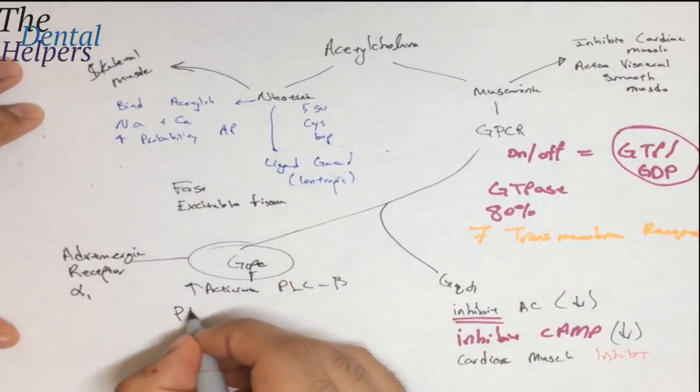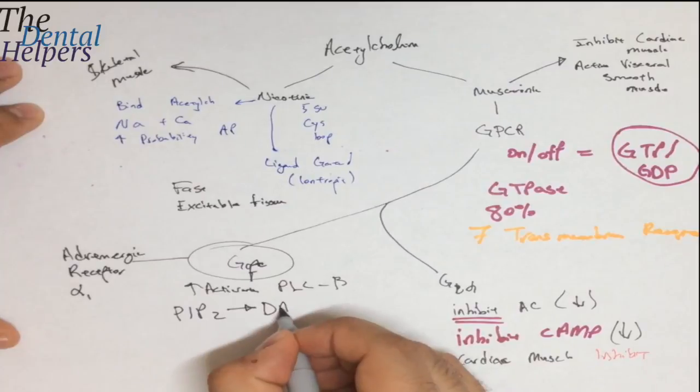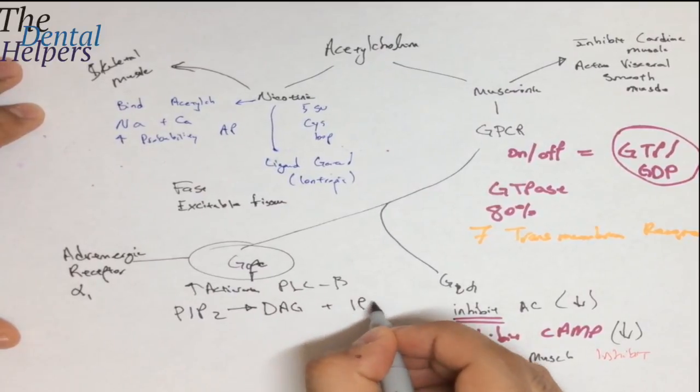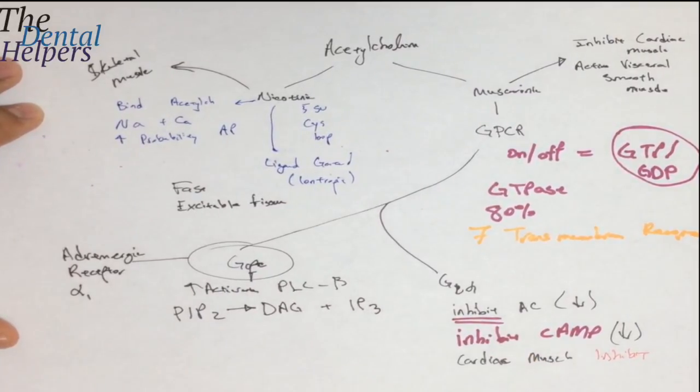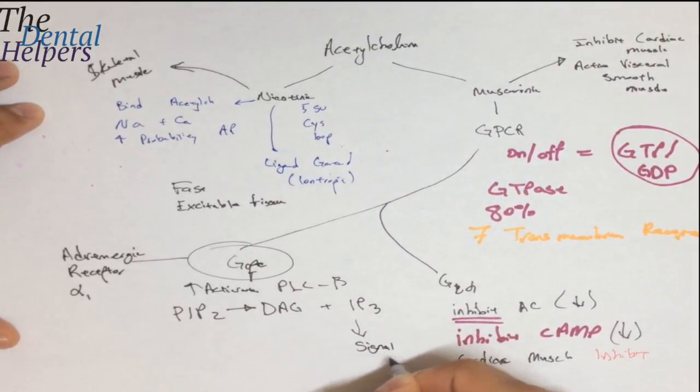And so what's happening is PIP2 is basically making our DAG and our IP3. And we said before that IP3 is involved with calcium concentrations. So this is going to be our signal transduction pathway.